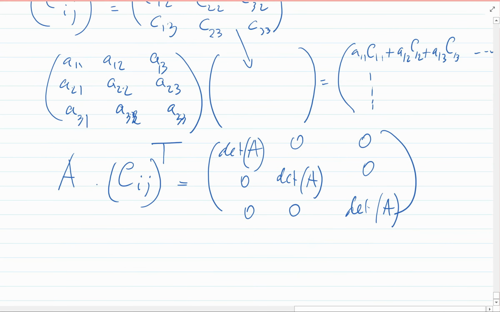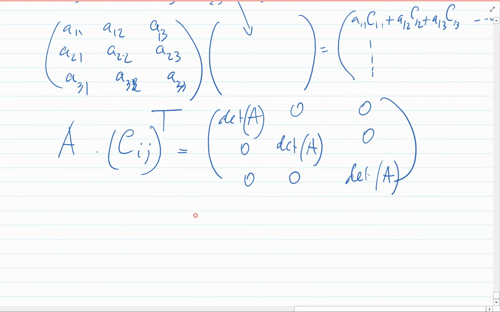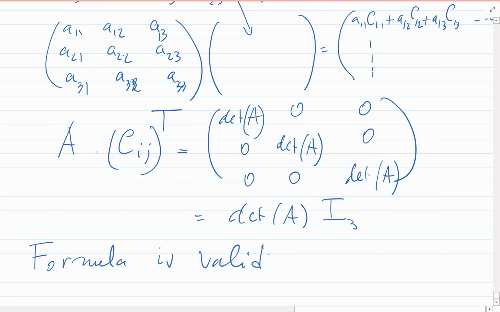So this is really amazing. In fact, there is a formula that is always true. This is determinant of A times I3. But in fact, this formula is valid for any size.